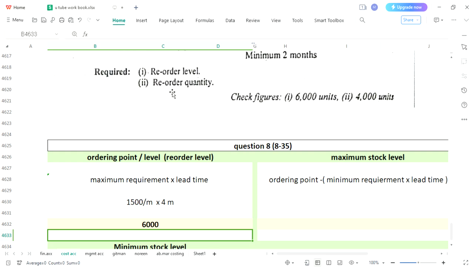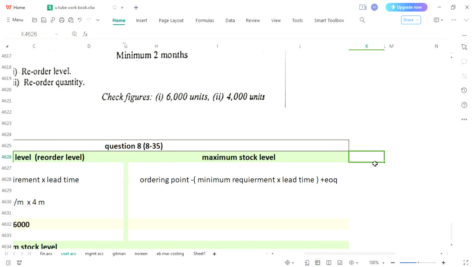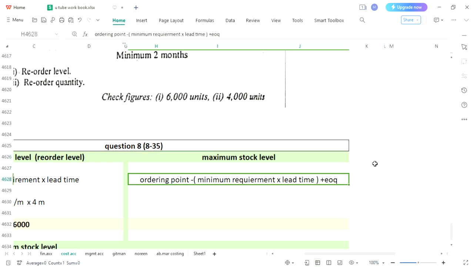Out of 4 formulas, there is only one formula which has reorder quantity, and that is maximum stock level. As you can see, economic order quantity is present at last of this formula. So what we will do, we will indirectly use this formula to calculate economic order quantity. Keep it in mind, it's not the original formula of EOQ. Here we are solving it indirectly.